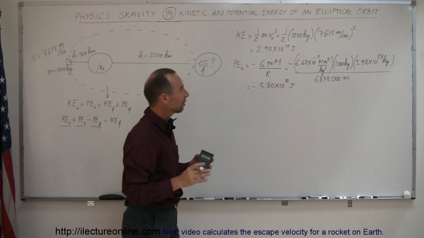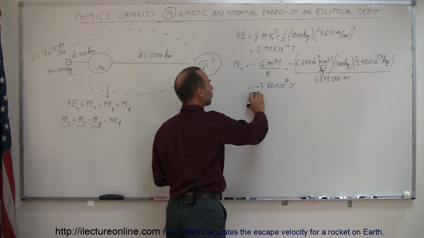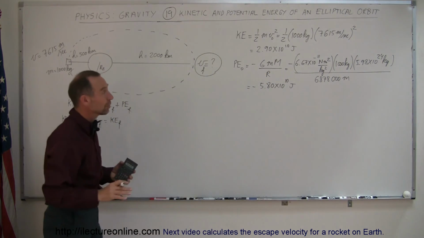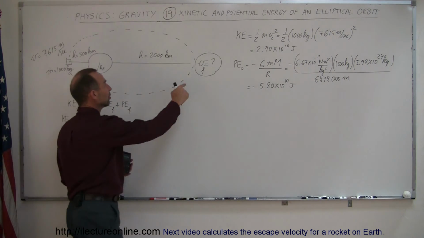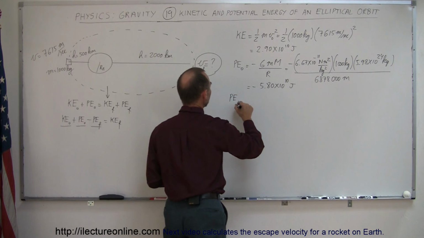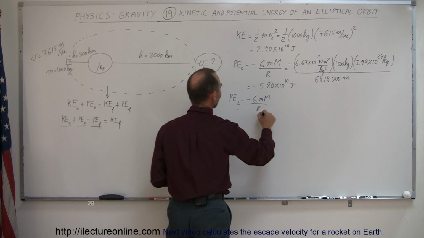Remember that the potential energy and kinetic energy differ by a factor of 2. The potential energy is double as much as the kinetic energy, and it's a negative quantity. So now you kind of see how that works. But now, of course, to find the potential energy there, we have to plug in a different number. So potential energy final is equal to minus GmM over R final.